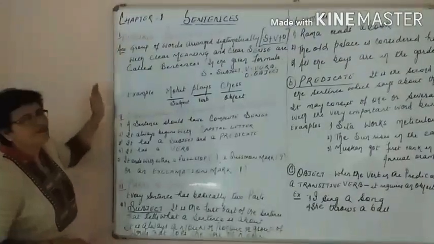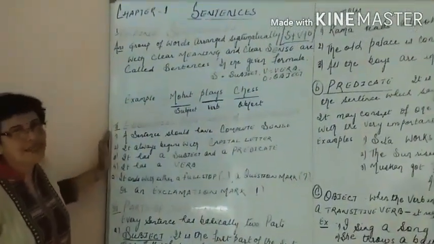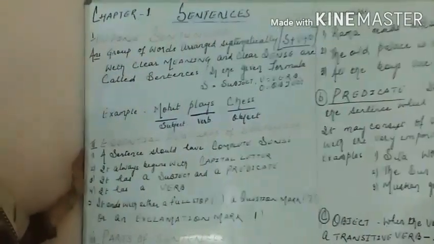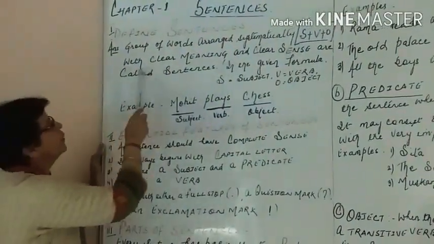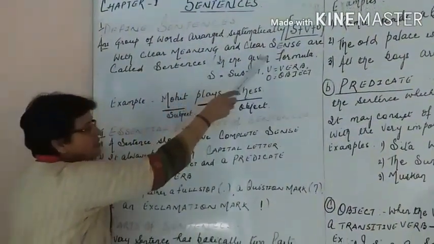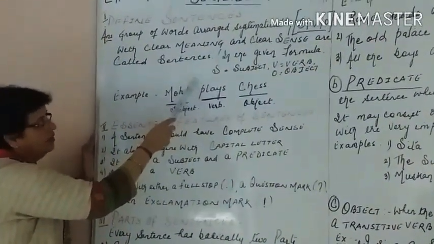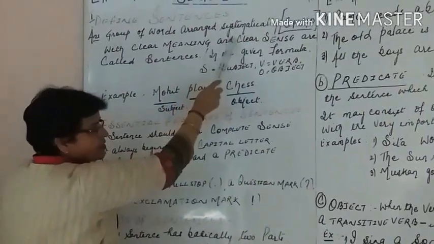First and foremost, let me define what is a sentence or what are sentences. A group of words arranged systematically with a clear meaning and clear sense are called sentences. I have used the word arranged systematically.